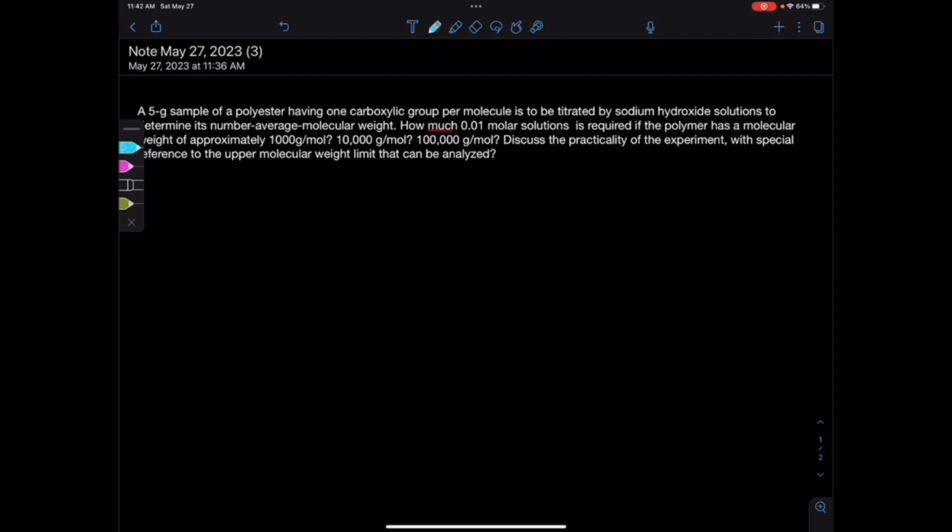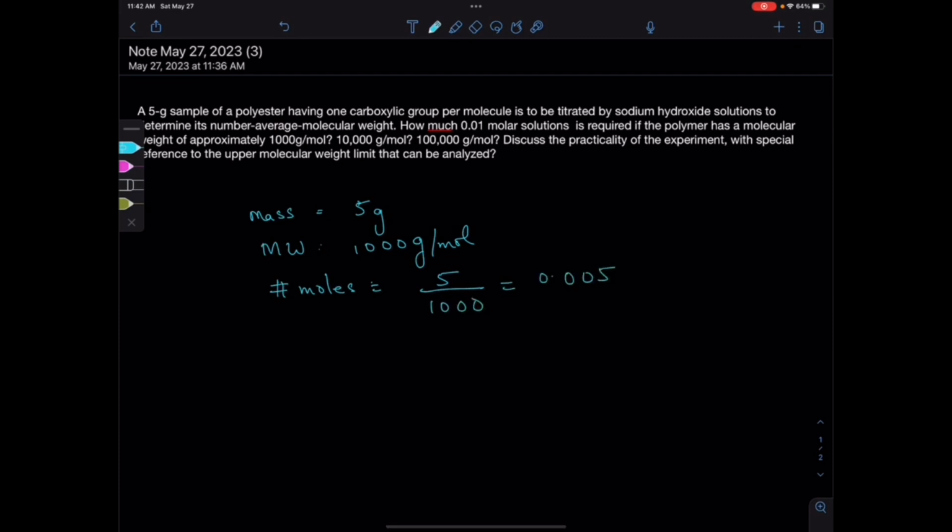So the mass of the polyester is 5 grams. Let us consider the molecular weight of 1000 grams per mole. So the number of moles of the polyester would be 5 over 1000, which is 0.005 moles.